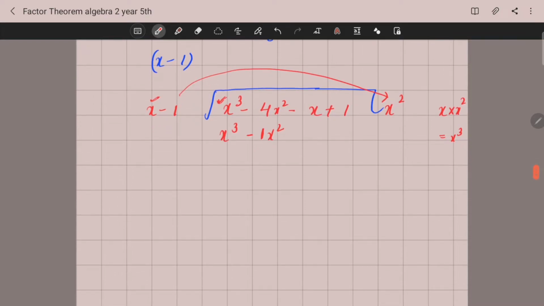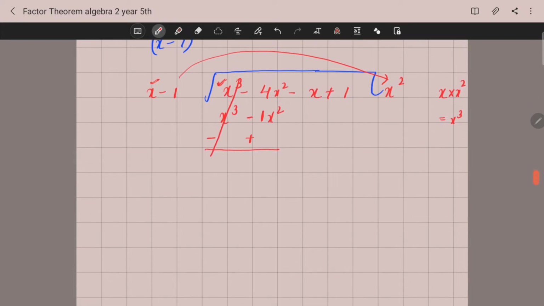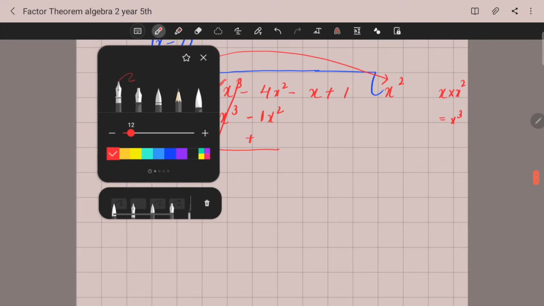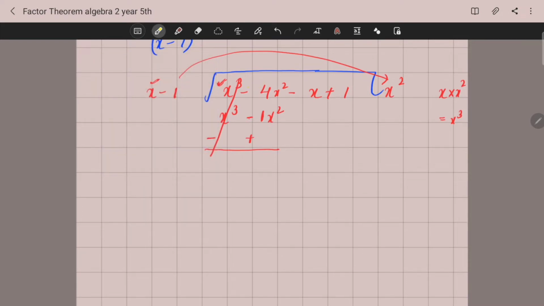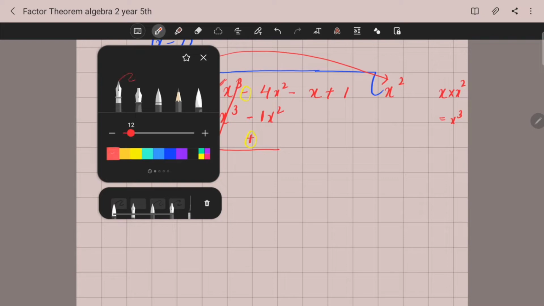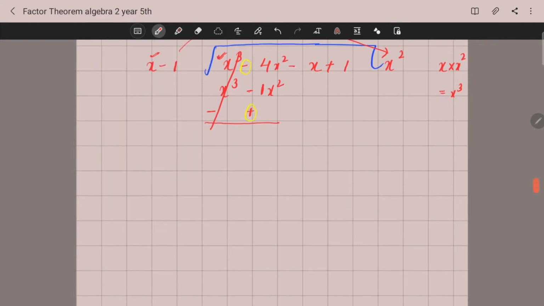Now we have to cancel this x cubed, so we interchange the sign. This is positive, I put negative over here. This is negative, I put positive over here. So x cubed cancels with x cubed. Now we'll see the signs: minus 4x squared and plus 1x squared makes minus 3x squared.